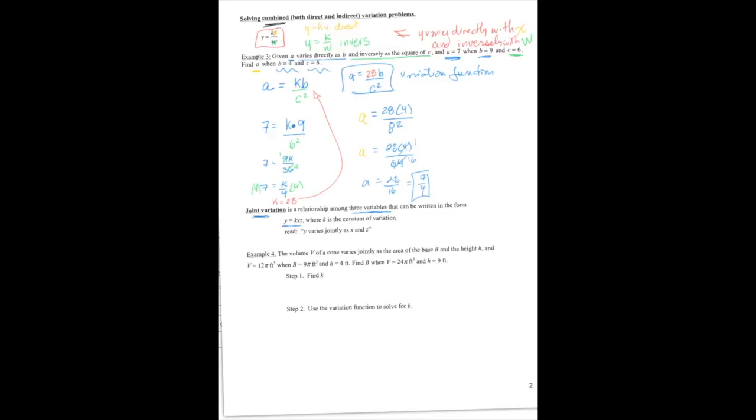Y equals our constant of variation K times X and Z. So we read this, Y varies jointly as X and Z. We're going to solve our variation problem the same way. The only difference is we're now going to use an application.